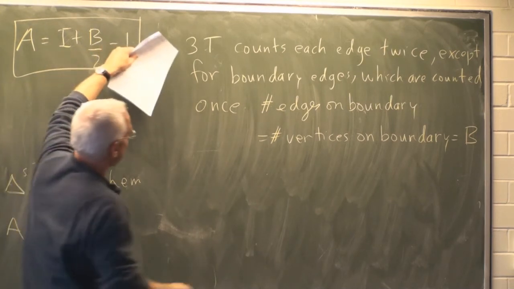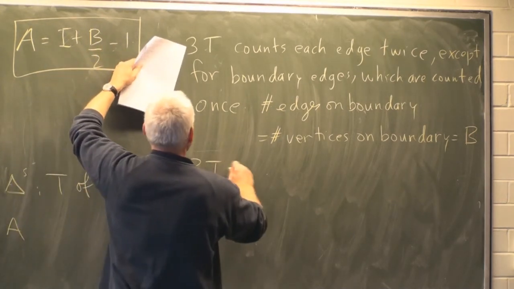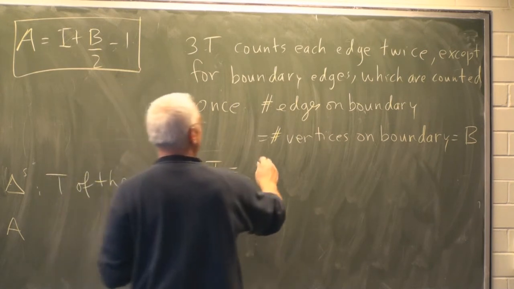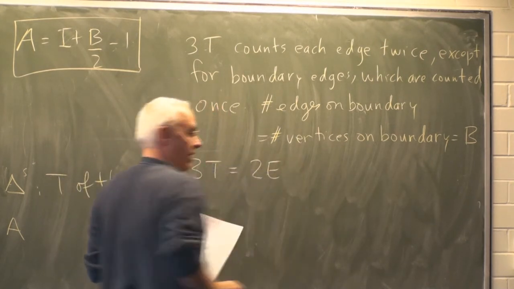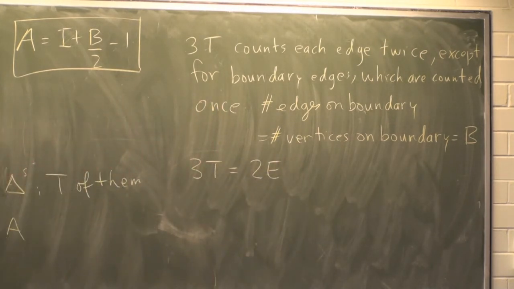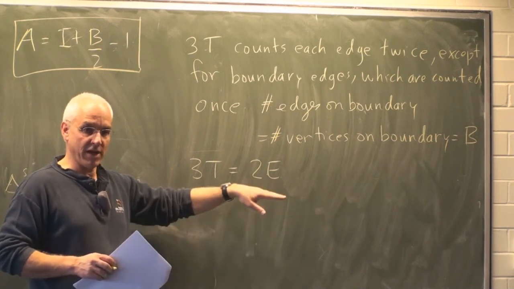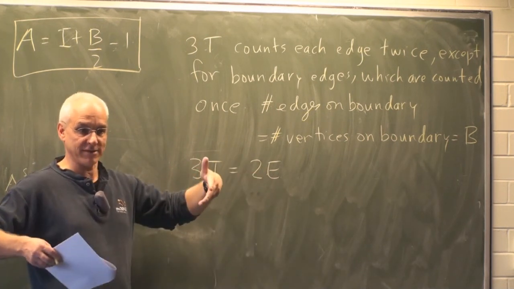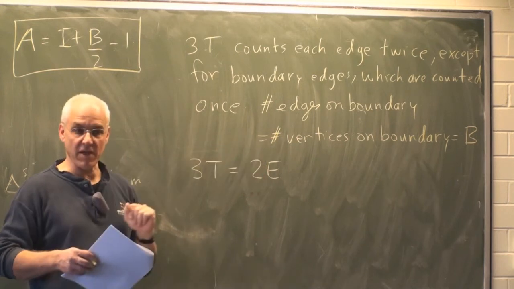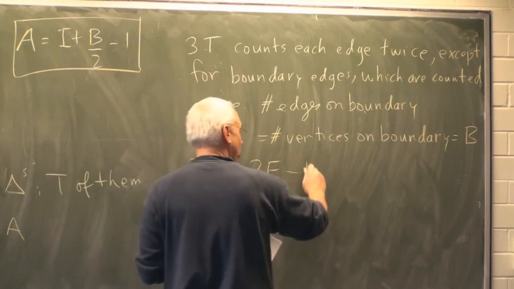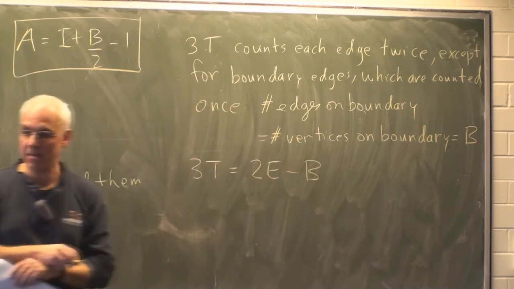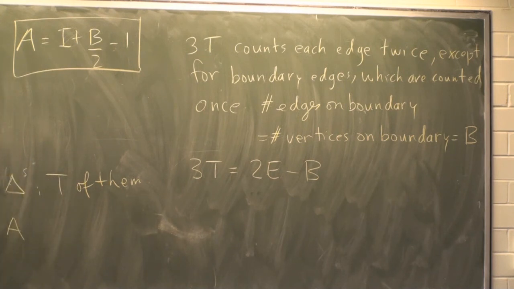Okay, so when we go back up to here, this 3T that we were counting counts each edge twice, except for the boundary edges, which are only counted once. So we have to adjust this total by subtracting B, the number of boundary edges, and there's exactly B of them.